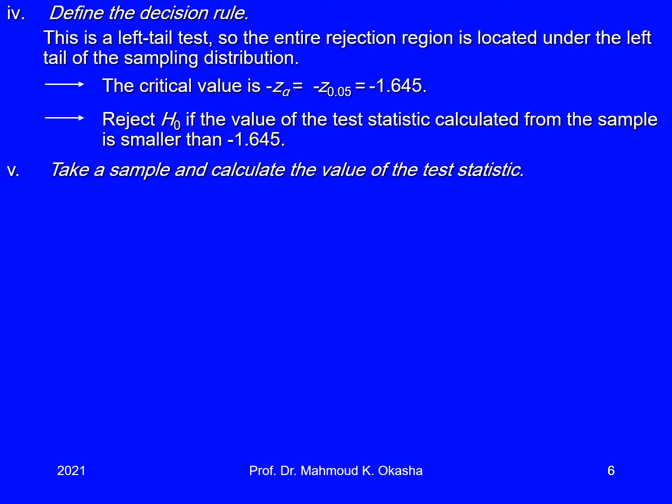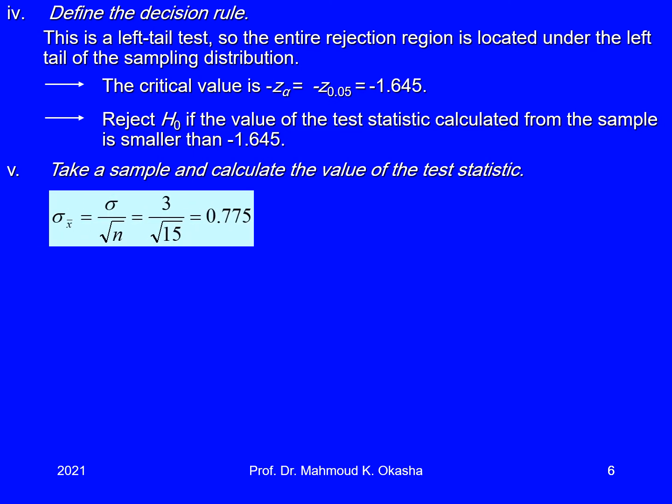The fifth step is to take a sample and calculate the value of the test statistic. We know the standard error of x bar is sigma over square root of n, where sigma equals 3 and n equals 15. So it is 3 over square root of 15, which equals 0.775.